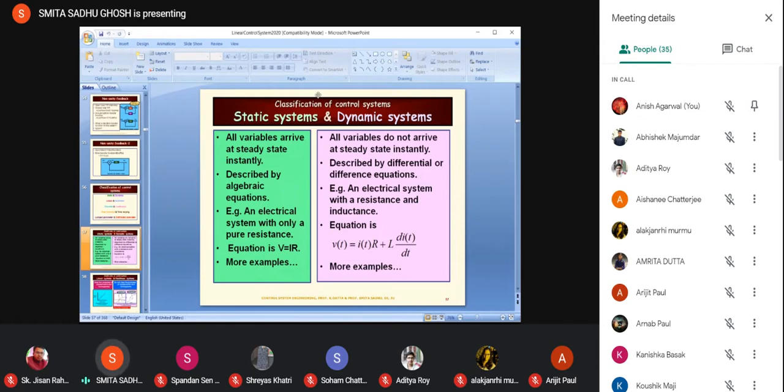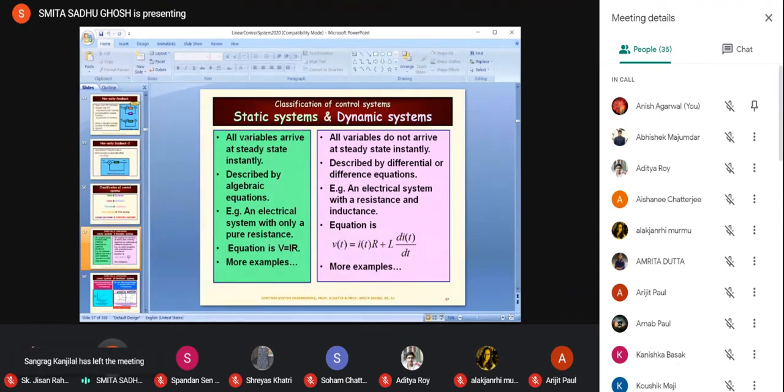Static systems can be described merely by using algebraic equations, whereas the mathematical model of a dynamic system requires differential equations or difference equations. That is basically the main difference from the scientific point of view.